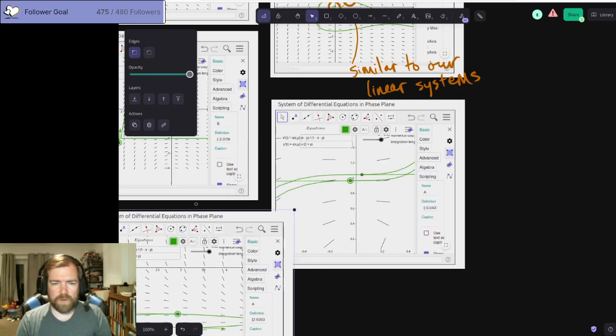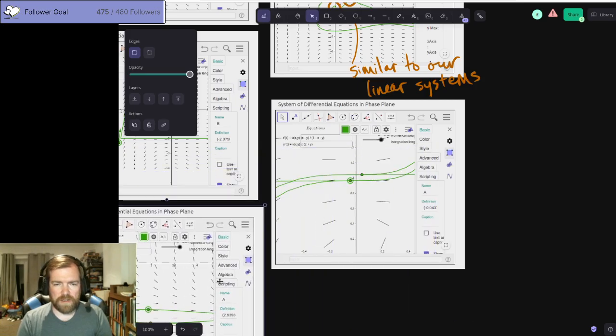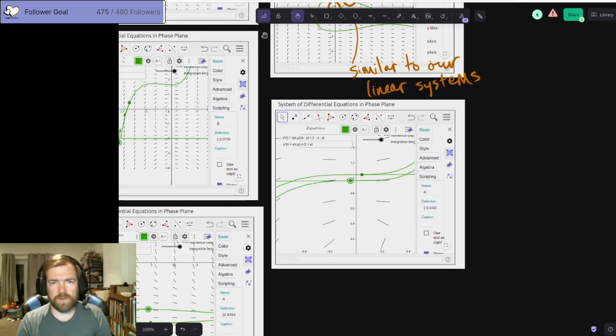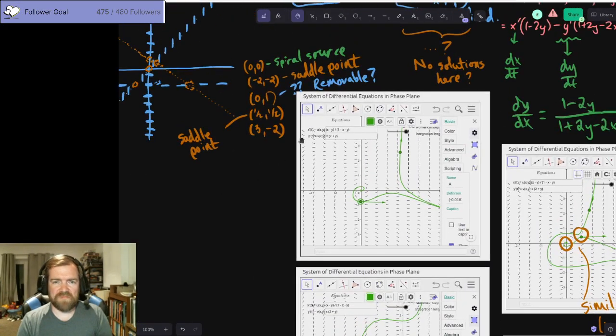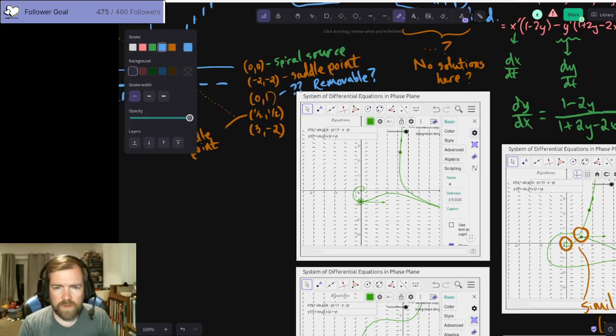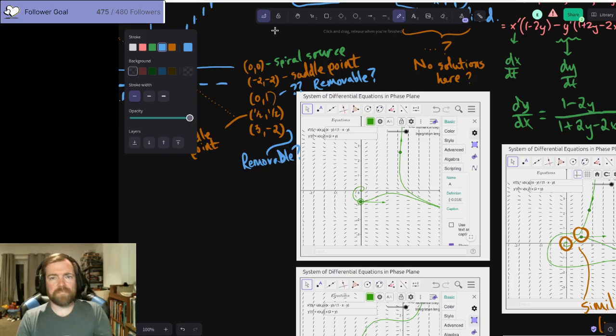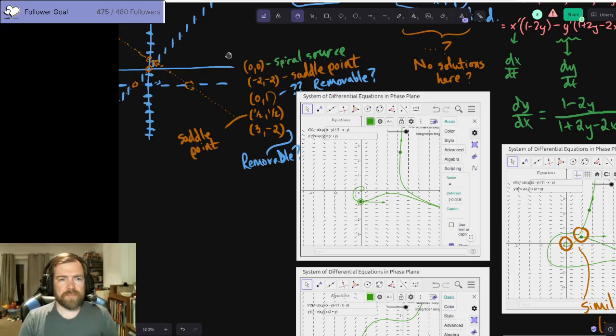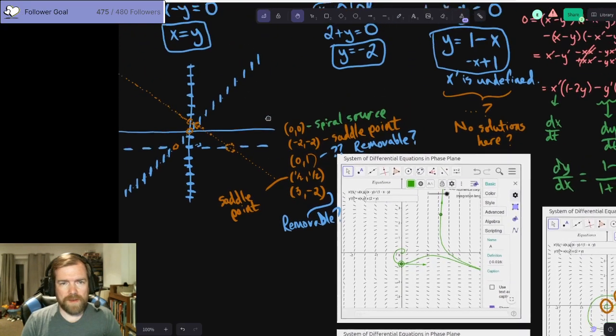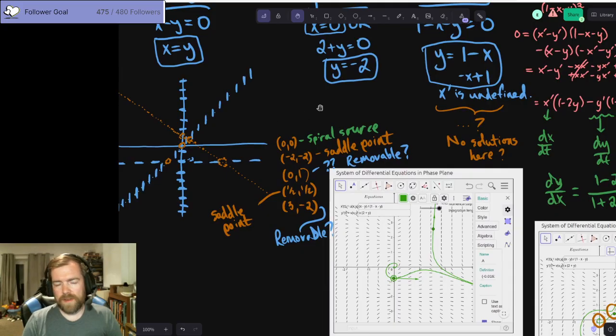So we'll examine what it is doing in the math itself. But again, it doesn't seem to be doing anything, so we'll also call that possibly removable, question mark. Okay.